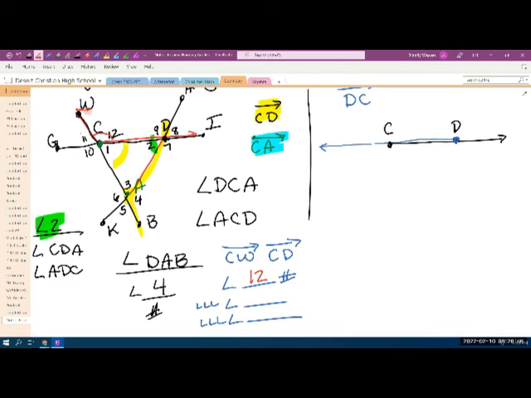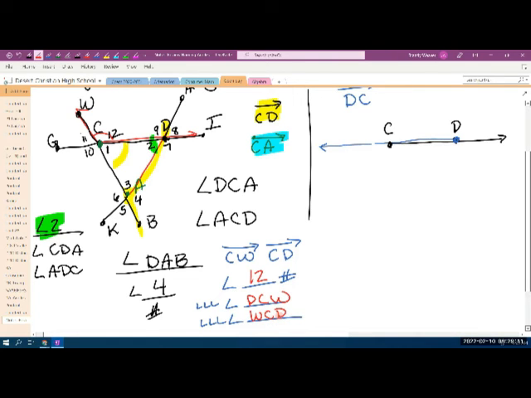Angle 9. No, we found the angle number. It was 12 between the ray CD and the ray CW. What's a 3-letter way to name angle 12? Go. DCW, great. What's another way I could name that angle, Emerson? WCD.